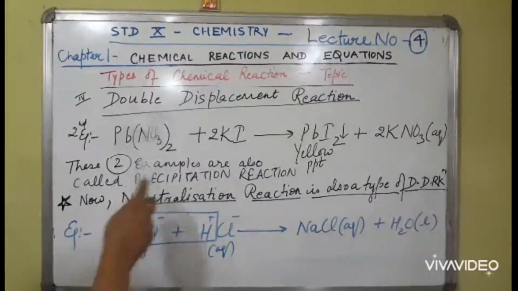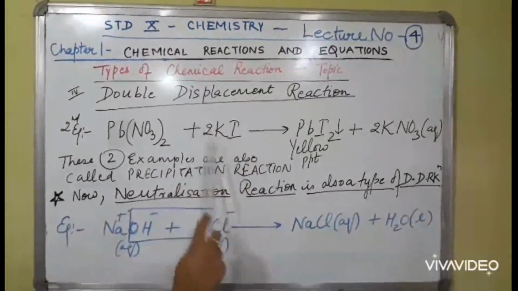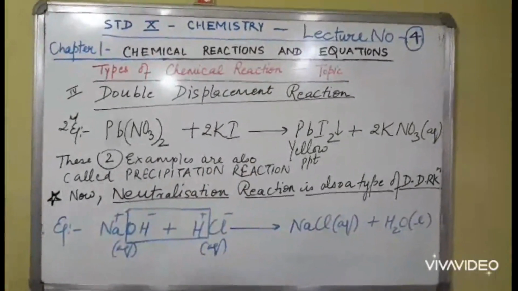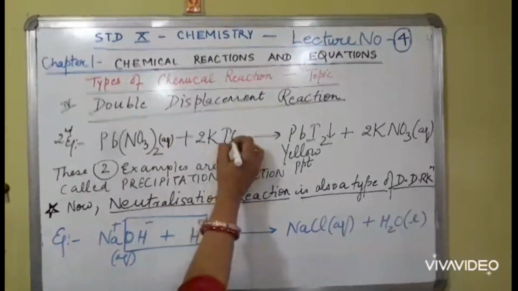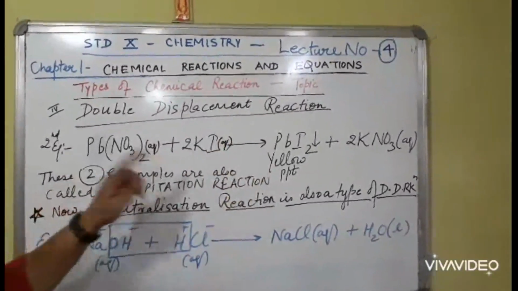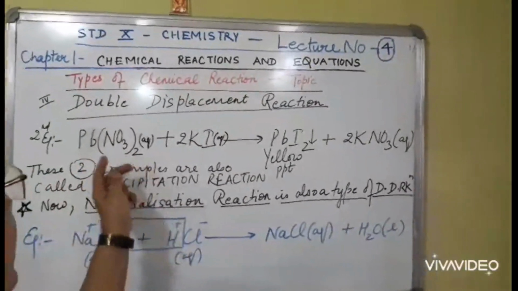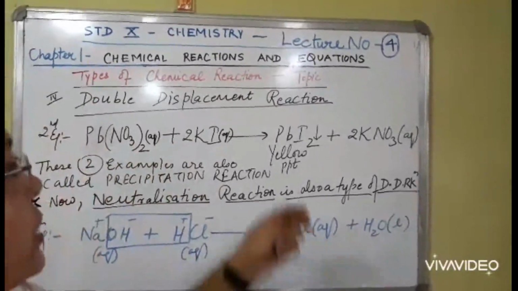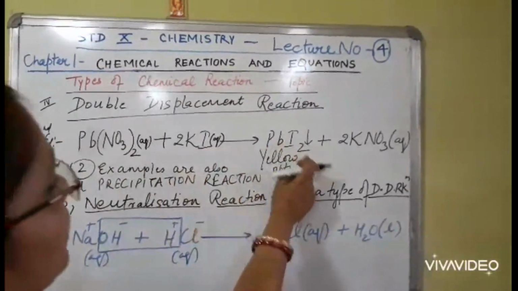The second example of double displacement reaction is lead nitrate, potassium iodide. Both are soluble in water. Both are soluble salts. They will generate their respective ions. As I taught you in the previous example, the ions get exchanged. Lead with iodine will form lead iodide.